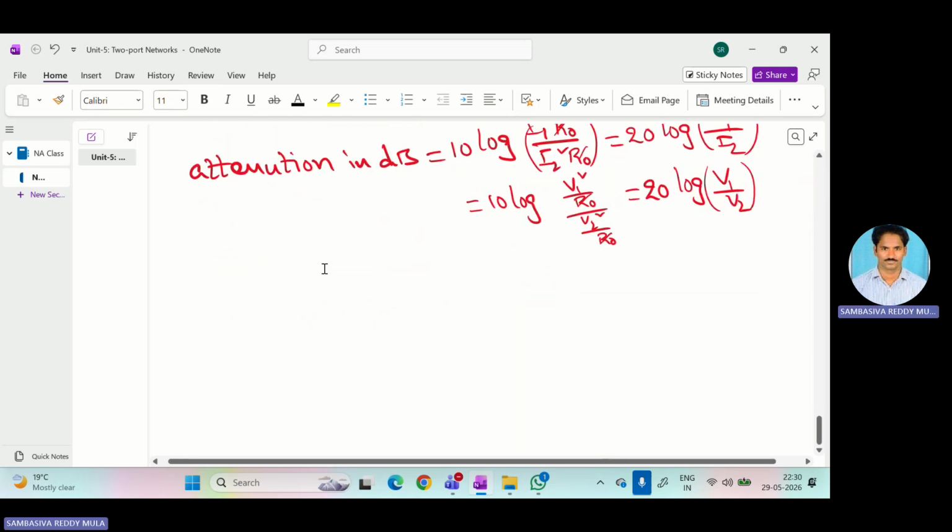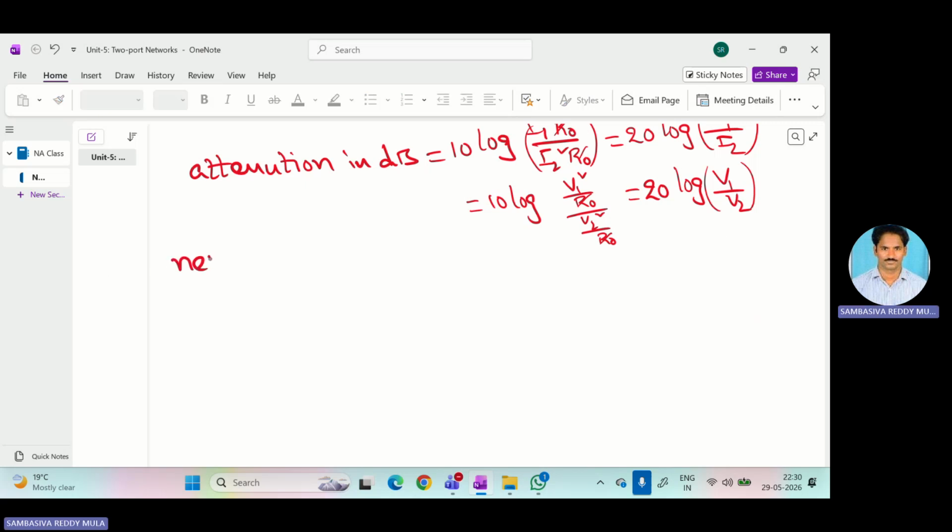There is another unit for expressing this attenuation, that is Nepers. Attenuation is also expressed in Nepers as the natural logarithm, that is log base e, of the voltage or current ratio.